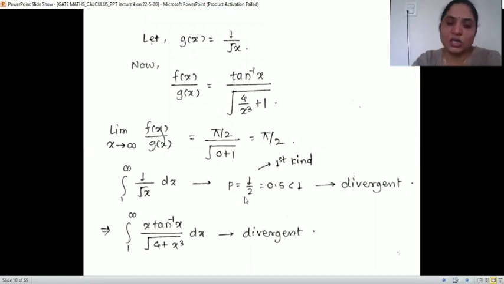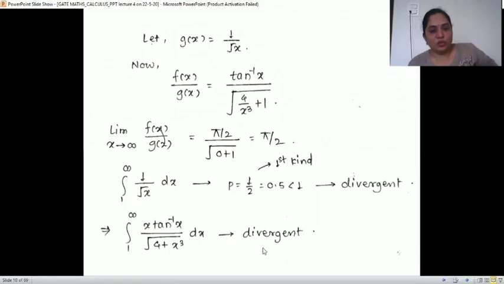Is this convergent or divergent? X raised to half is there and half is less than 1. Less than 1 means divergent. So this integration is divergent. So we can say the integration of f of x dx is also divergent. As we know, either both converge or both diverge. So if any one of them is divergent, then the other is also divergent.